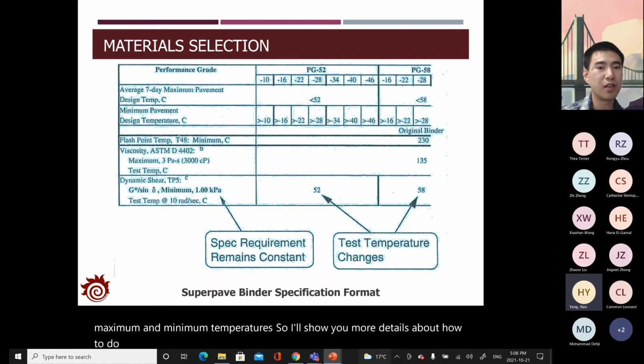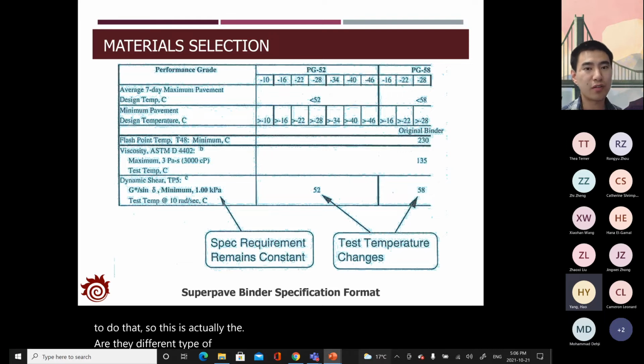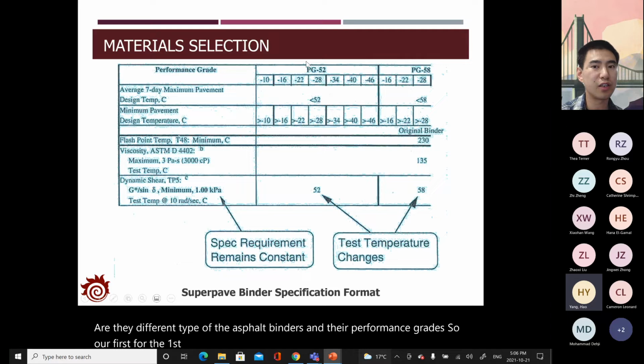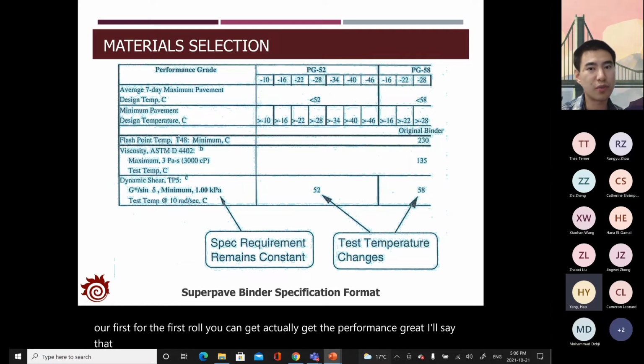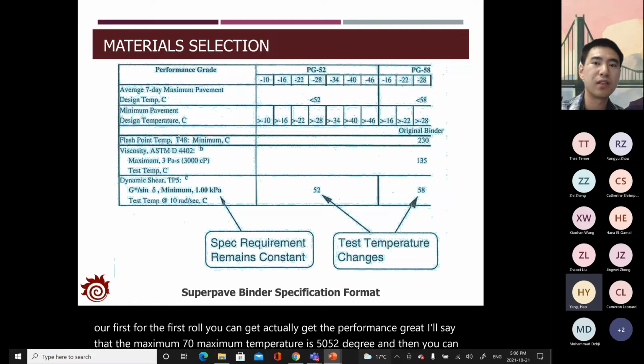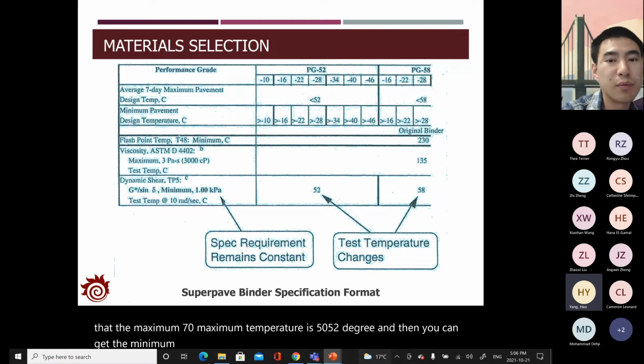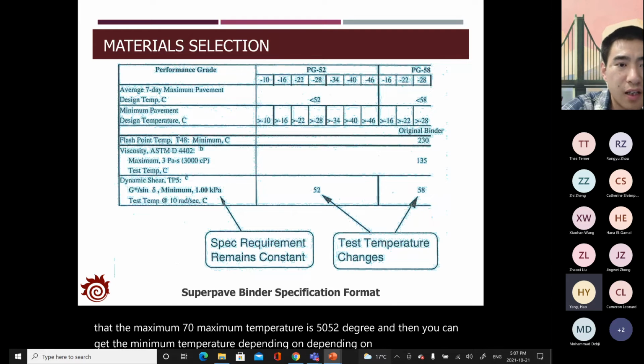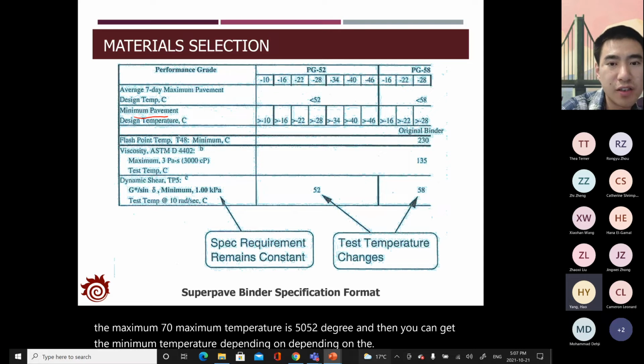So these are the different types of asphalt binders and their performance grades. For the first row, you can get the performance grade. Say the 7-day maximum temperature is 52 degrees, and then you can get the minimum temperature depending on the region that you're going to consider.